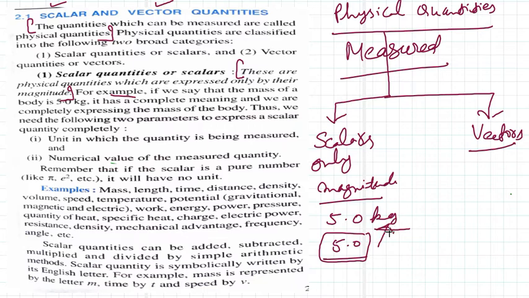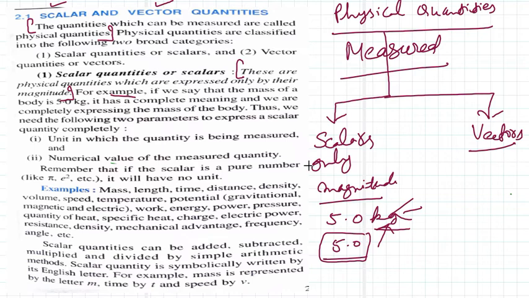From this we can clearly understand that we need two parameters to express a scalar quantity.